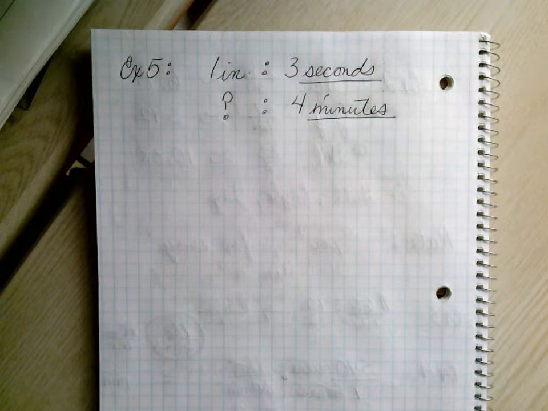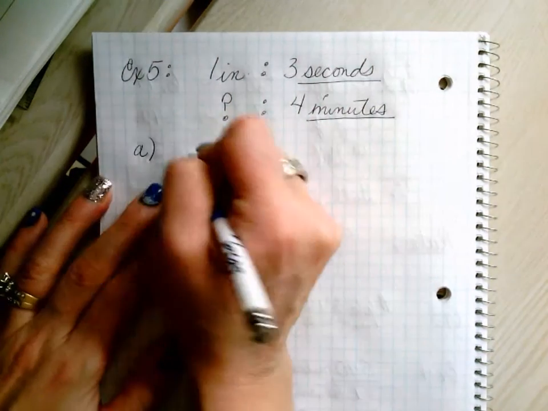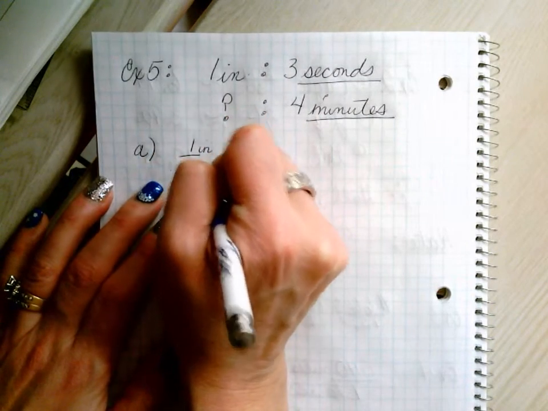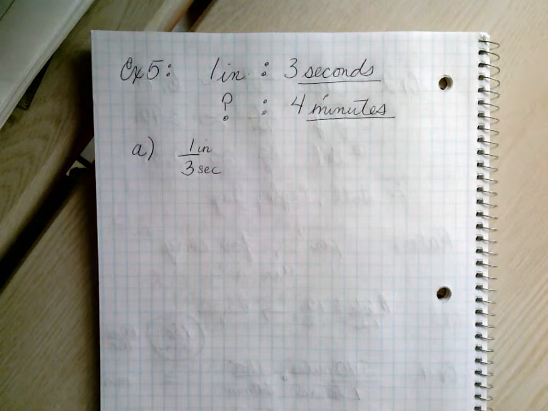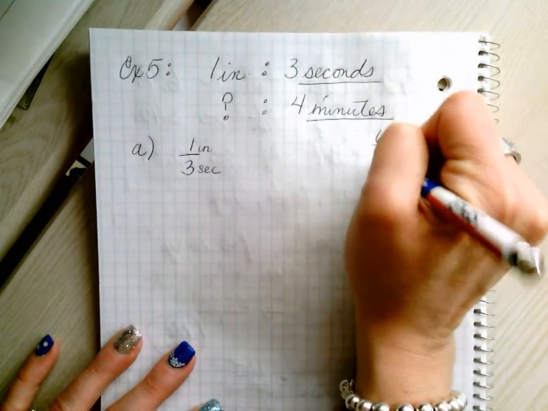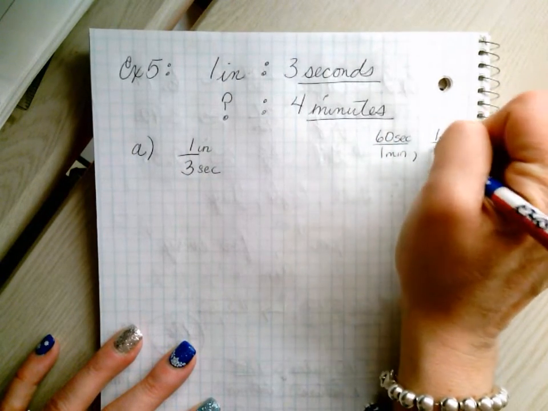First off, we're going to take our robot's rate and change it to inches per minute. So the first thing I want to do is take what I know, which is 1 inch in 3 seconds, and convert it to inches per minute. First of all, let's find our unit multipliers. 60 seconds per 1 minute, and the other one would be 1 minute per 60 seconds.